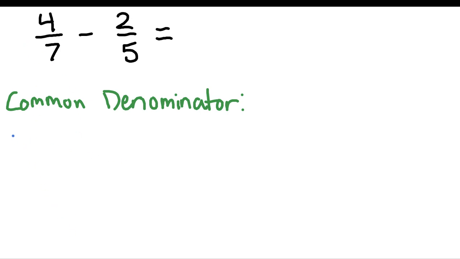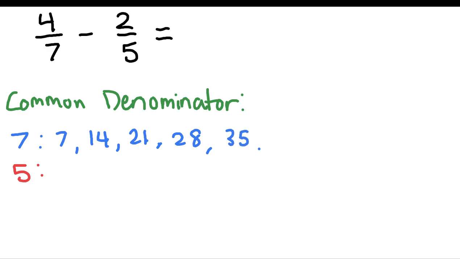The two denominators are 7 and 5. So let's list our multiples. For 7, we have 7, 14, 21, 28, 35, and 42. And we can keep going.